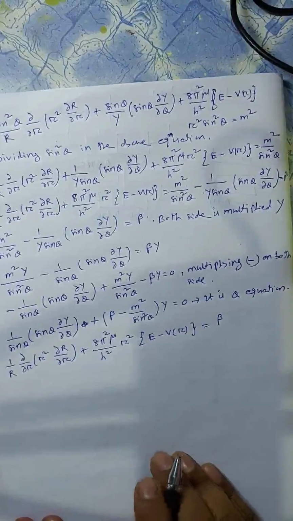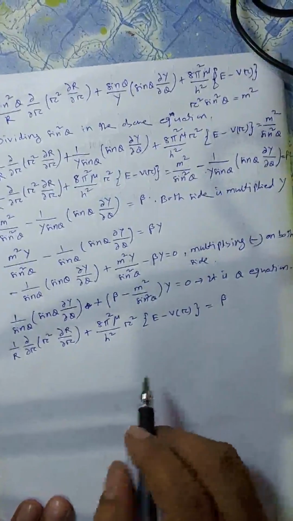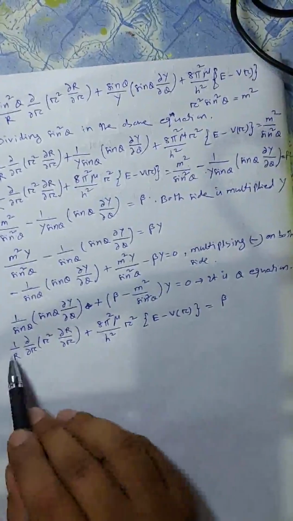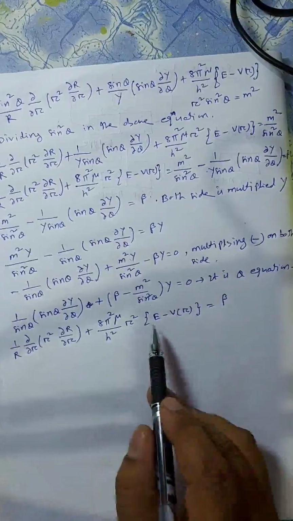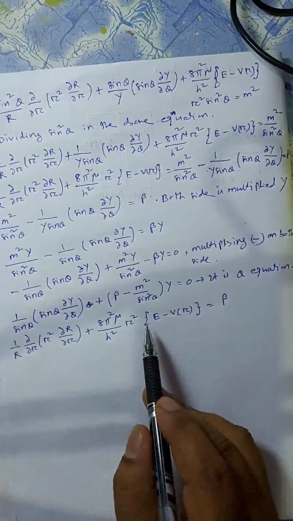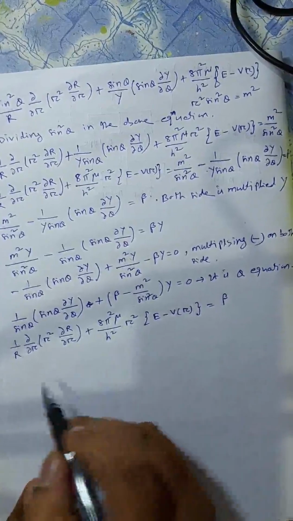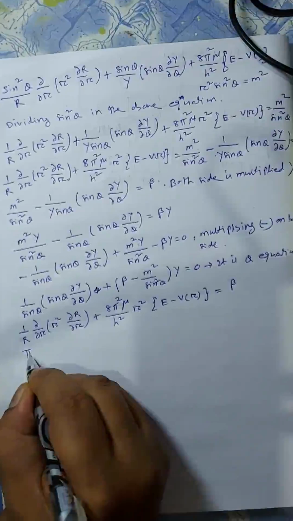Then what do we do? Now we have to divide by capital R by small r square on both sides.